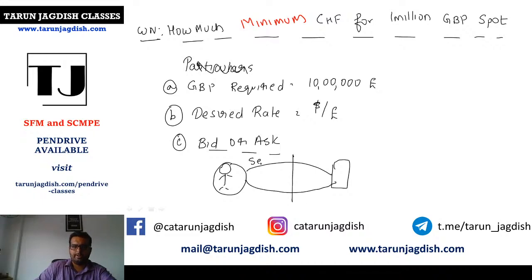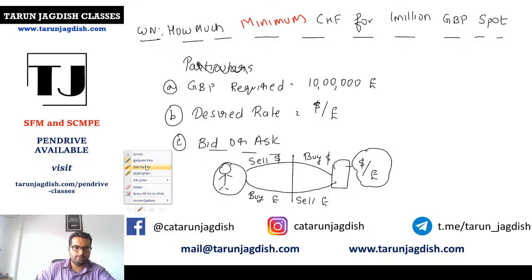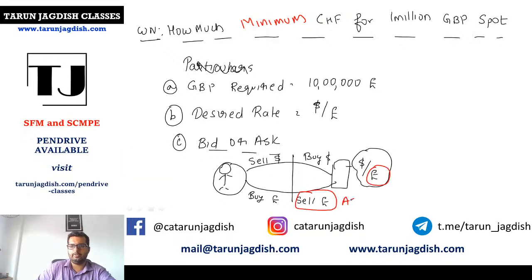So here what am I going to do? I have to buy GBP, right? So I will be selling dollar to the bank so that I can buy sterling. Bank will sell sterling and buy dollar. Here it will be dollar bar sterling. What is the commodity that we are getting over here? It is sterling. What is the bank doing with sterling? Sell. So what rate will be applicable? Ask rate.